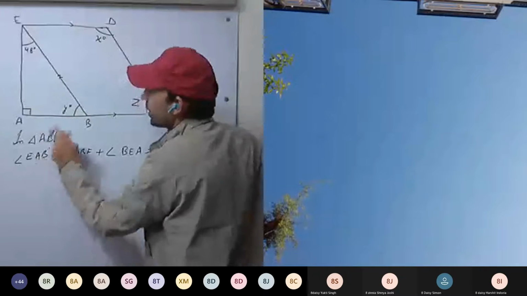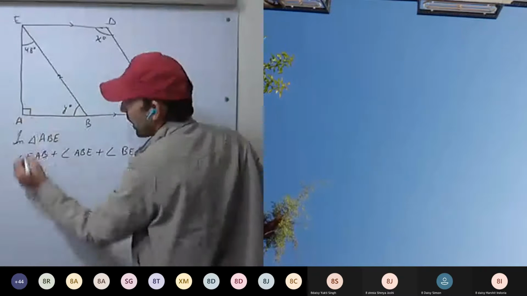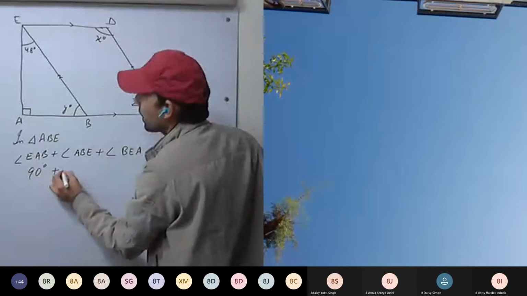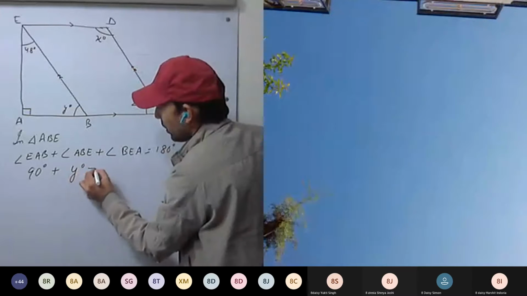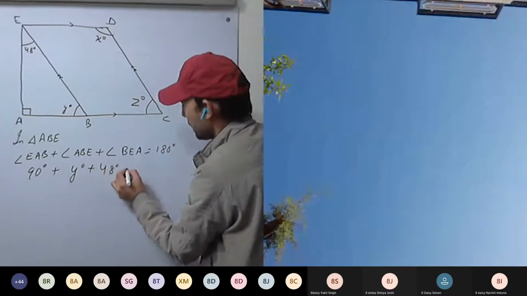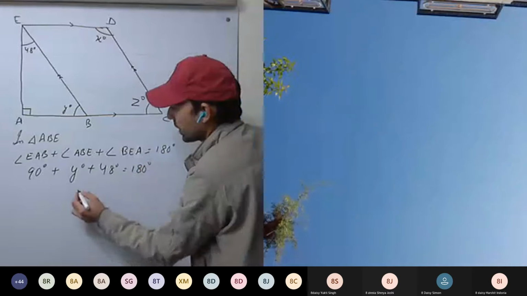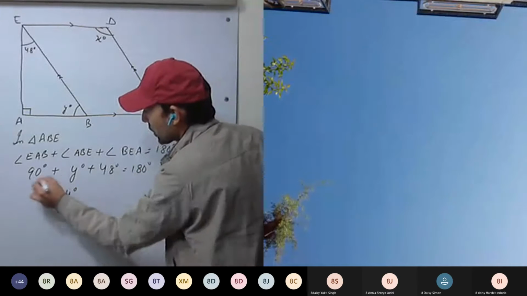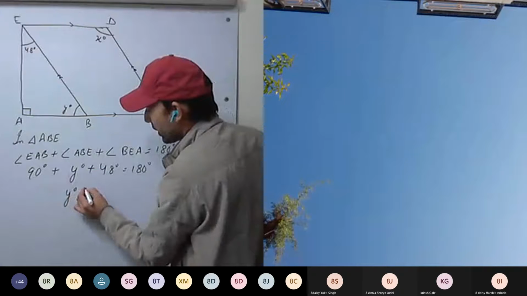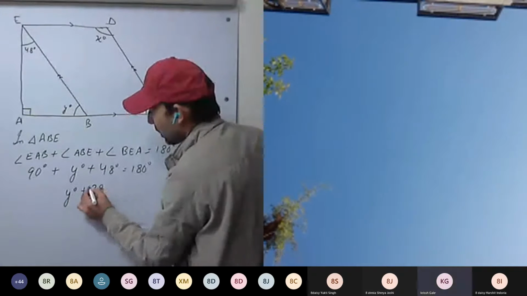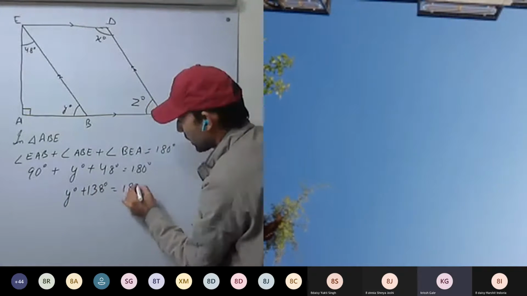Angle EAB, 48 degree, 90 degree plus y degree plus 48 degree equal to 180 degree. Now sum of these two will be how much? 138 degree, 180 degree.